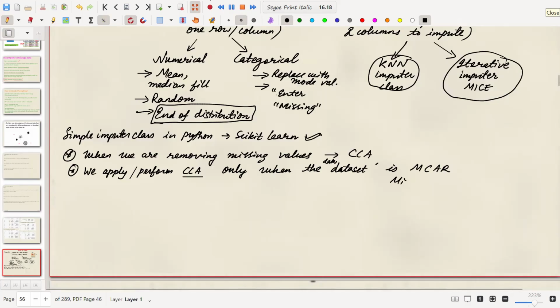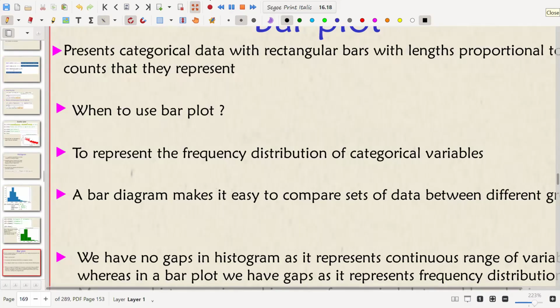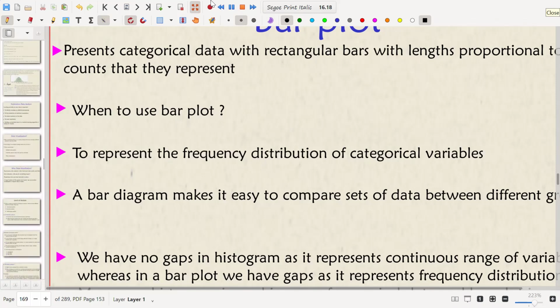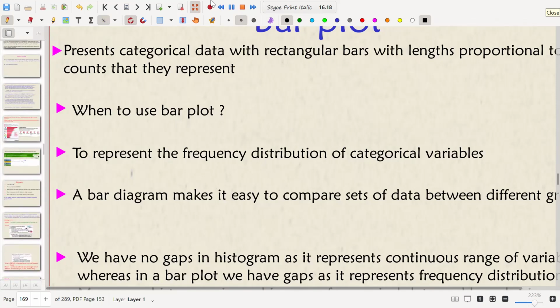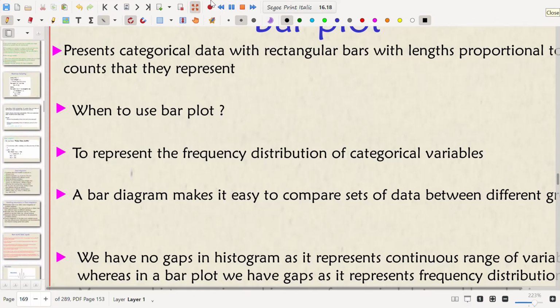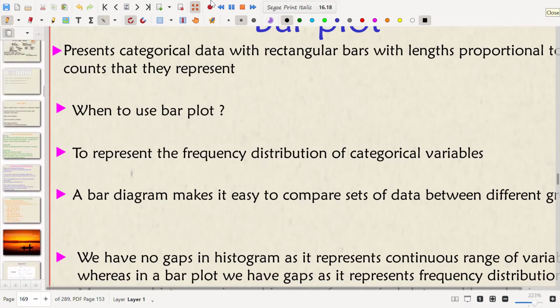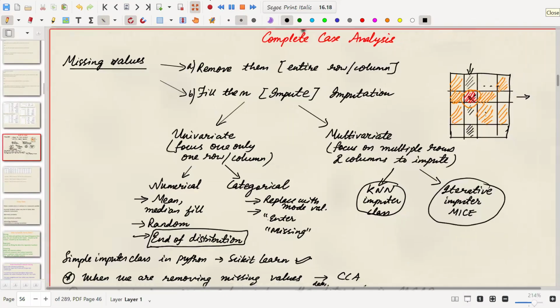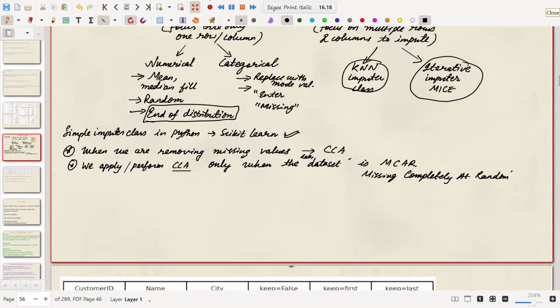Okay, missing completely at random. What do you mean by a data set being called missing completely at random? That's one of the questions.